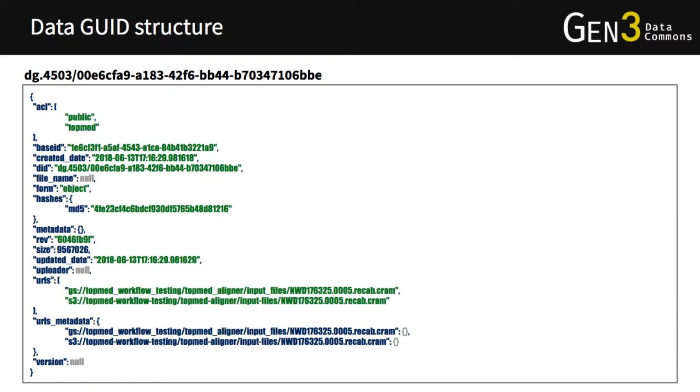Now we'll take a look at the structure of a GUID and the IndexD record associated with it. Data GUIDs are represented by a prefix or namespace beginning with DG for Data GUID, which is then followed by a 128-bit universally unique identifier.